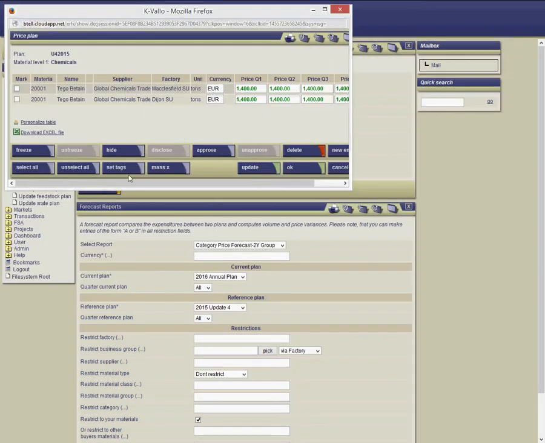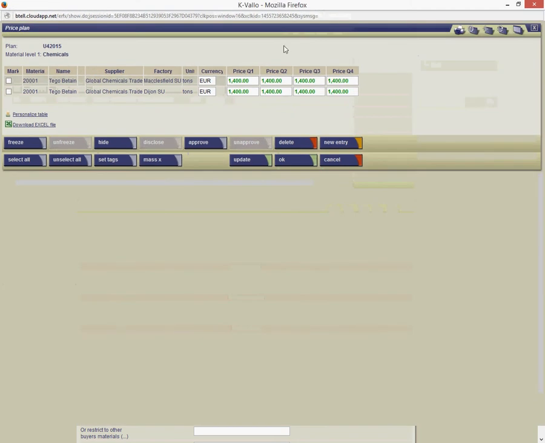Tegobetain is a surfactant which is used for bath additives, shower gels, and you name it. And our assumption is that from Q2 the price will increase for the rest of the year.